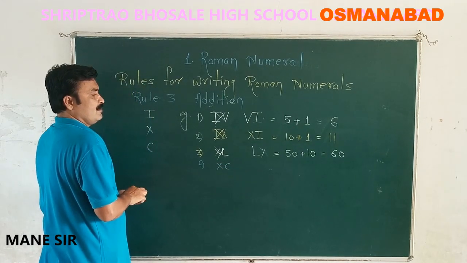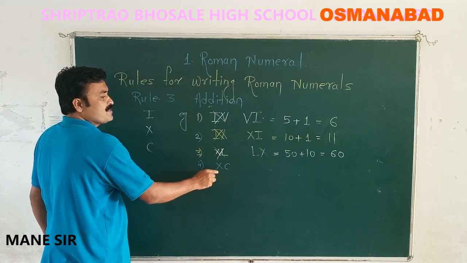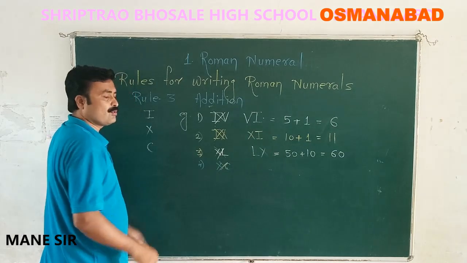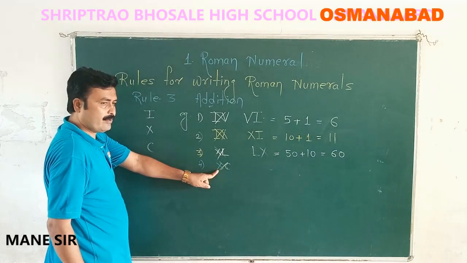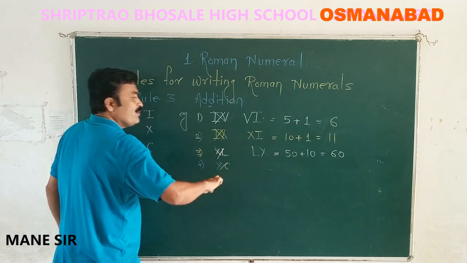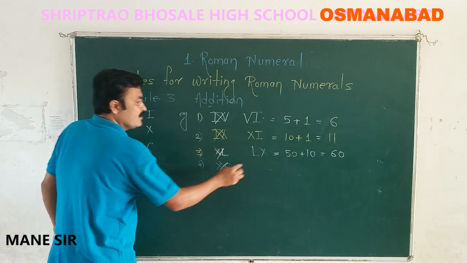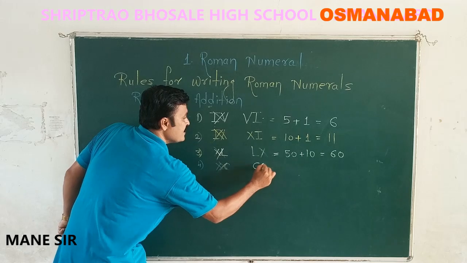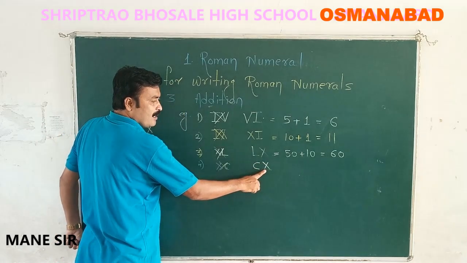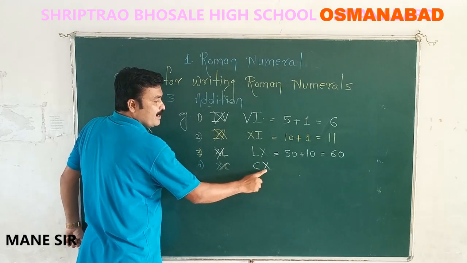XC. Now X we write before C. It means a subtraction process that indicates the Roman number, international number 90. But if we transfer the order, in this way, CX, that means the smaller numeral X we write after the bigger numeral.